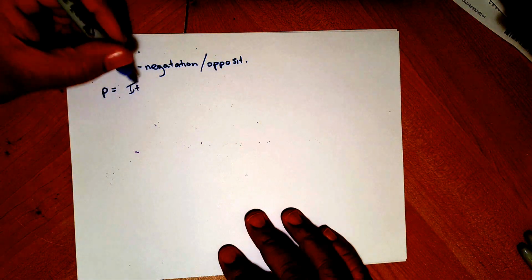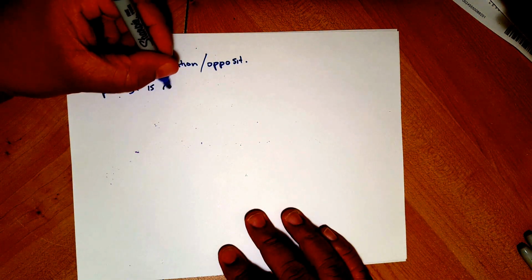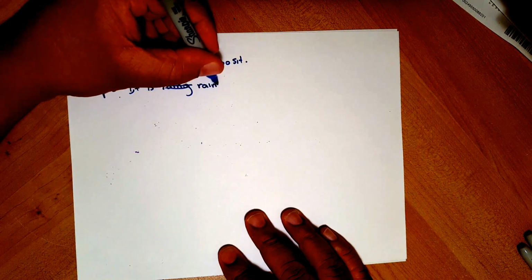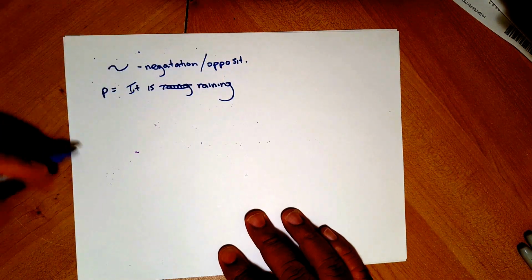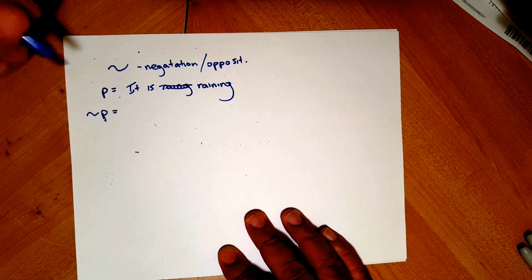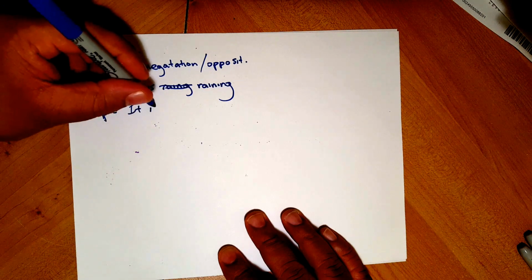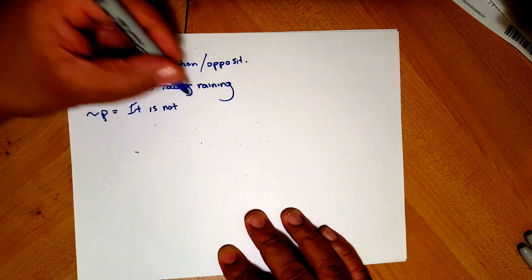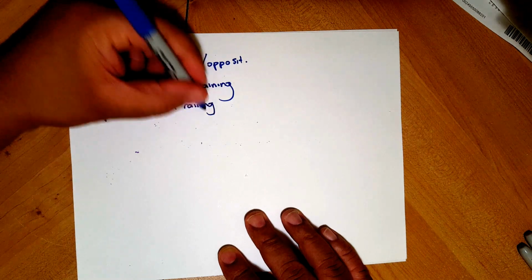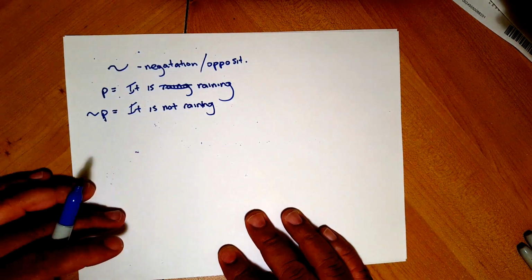So if I have a statement P that is, again, it is raining, and I can spell raining, I promise. The negation of that would be not P, and that would just mean it is not raining. Okay? Very basic again.